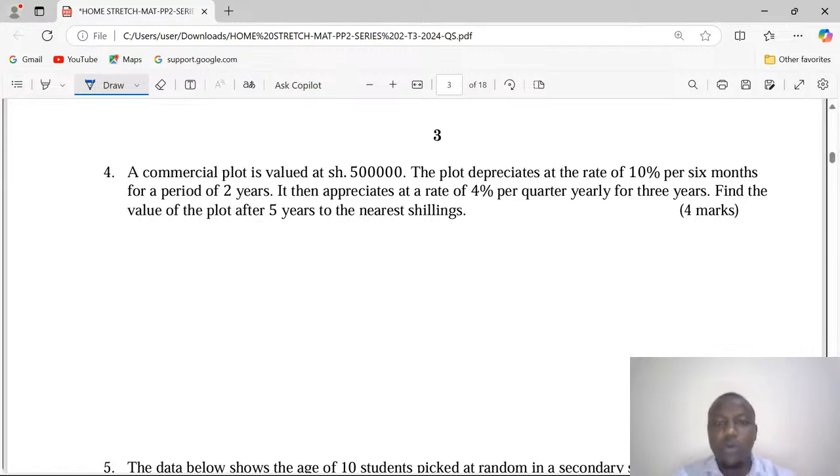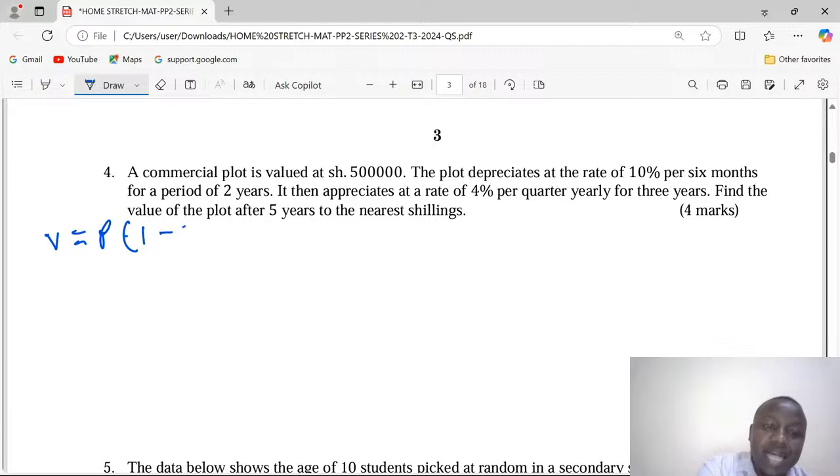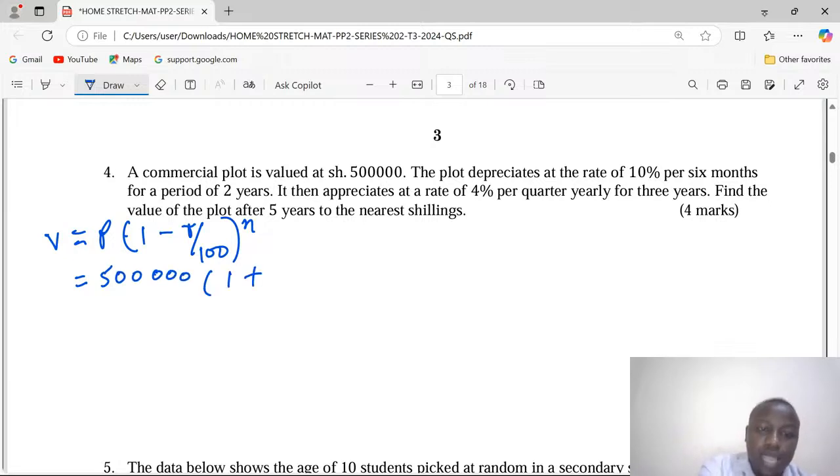We know when a value is depreciating, we say that the new value equals P into 1 minus the rate, which is a percentage, raised to n. In this case, P is the initial value. So the new value after the first 2 years of depreciation shall be 500,000 into 1 minus the rate of 10%, raised to n.